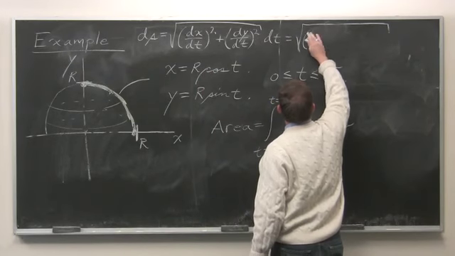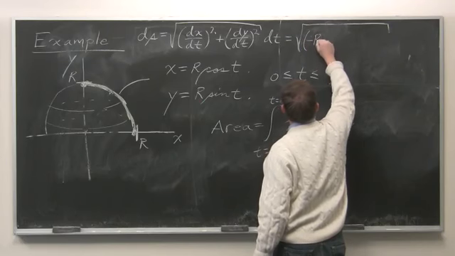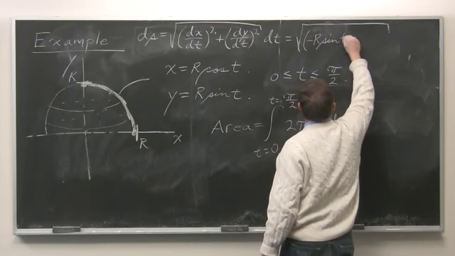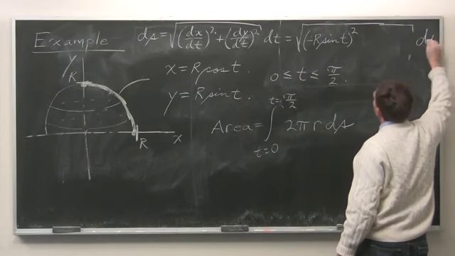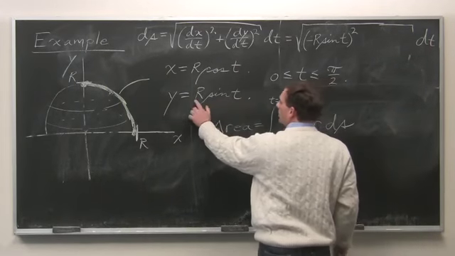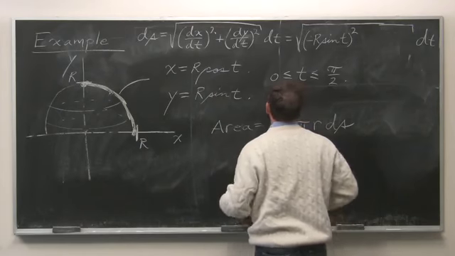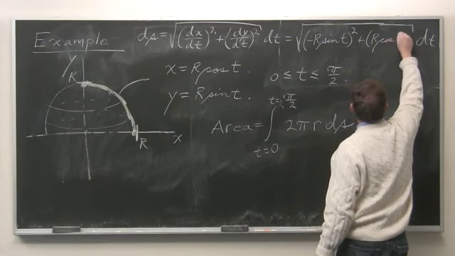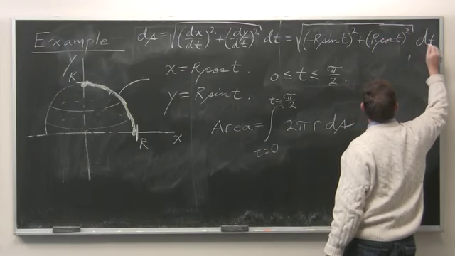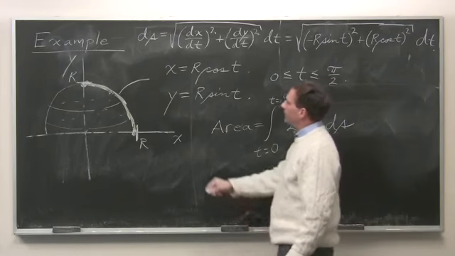So I'm going to write negative r sine of t squared. And then we get plus dy dt, so that's r cosine of t squared. So that's ds.